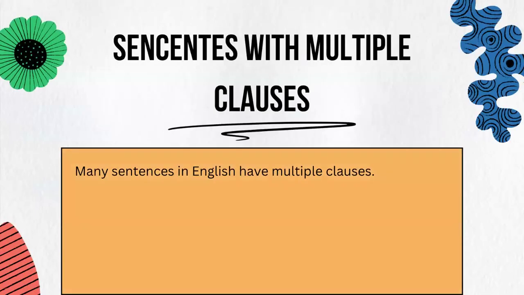Good, now so far we have been studying sentences with only one clause, like simple sentences. But we know that many sentences in English have multiple clauses, and these too might cause confusion. As we saw before, a clause needs a subject and a verb to be considered complete.